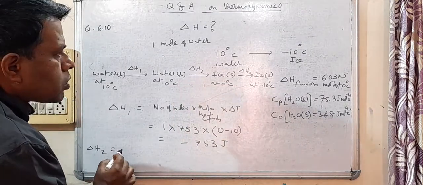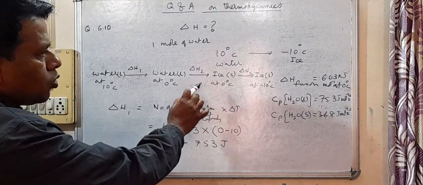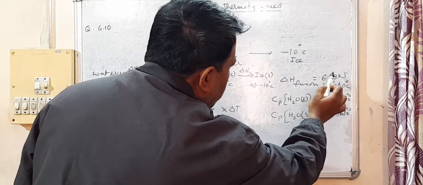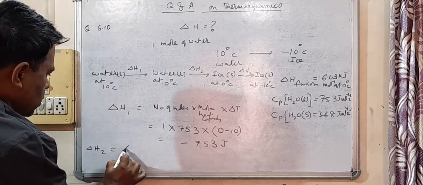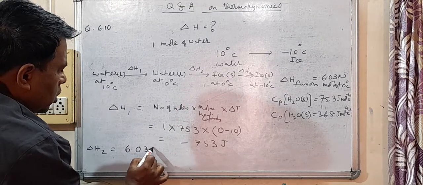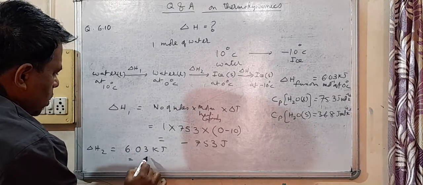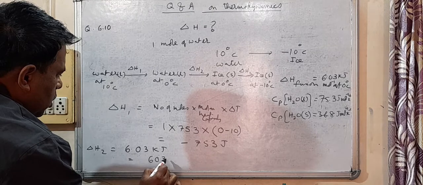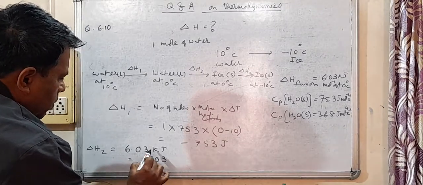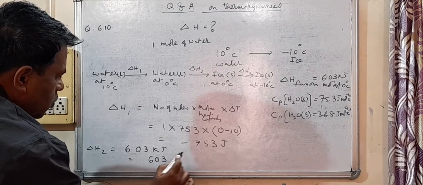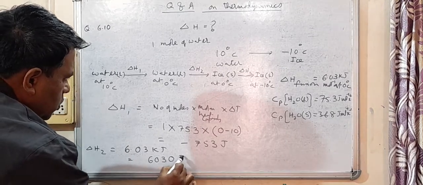Since we have 1 mole, and this is for 1 mole only, the delta H2 value will be 6.03 kilojoules, that is 6030 joules.